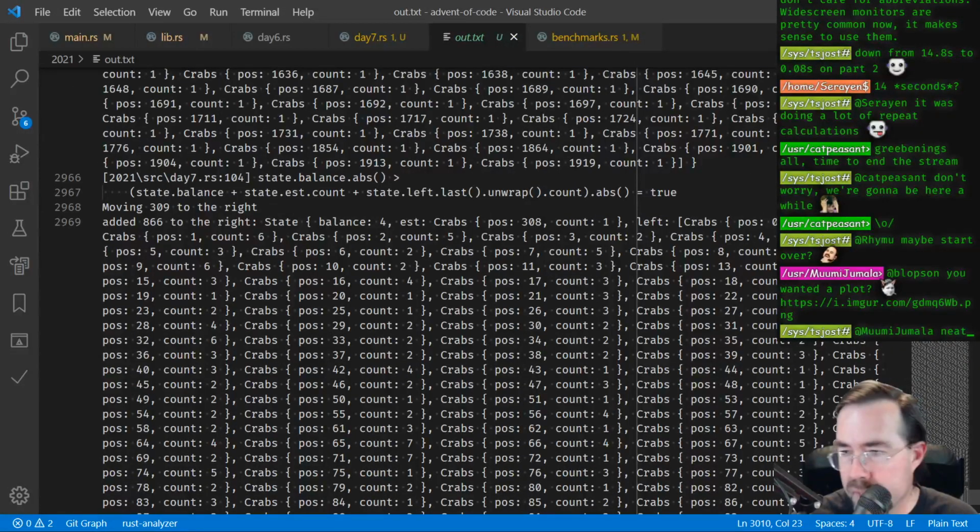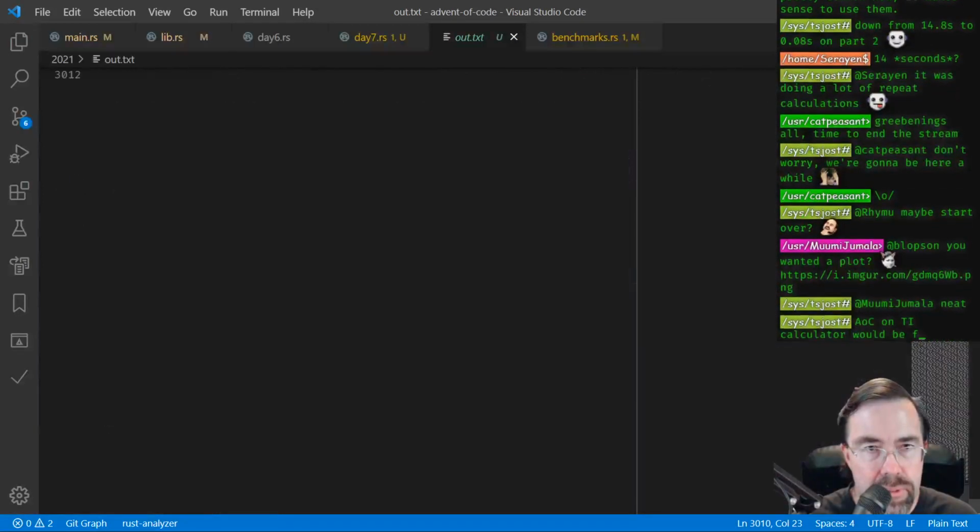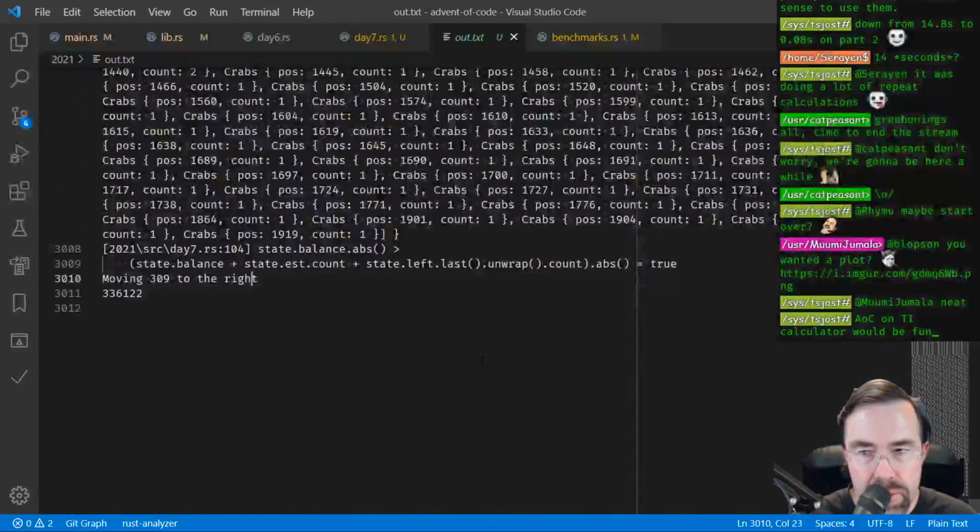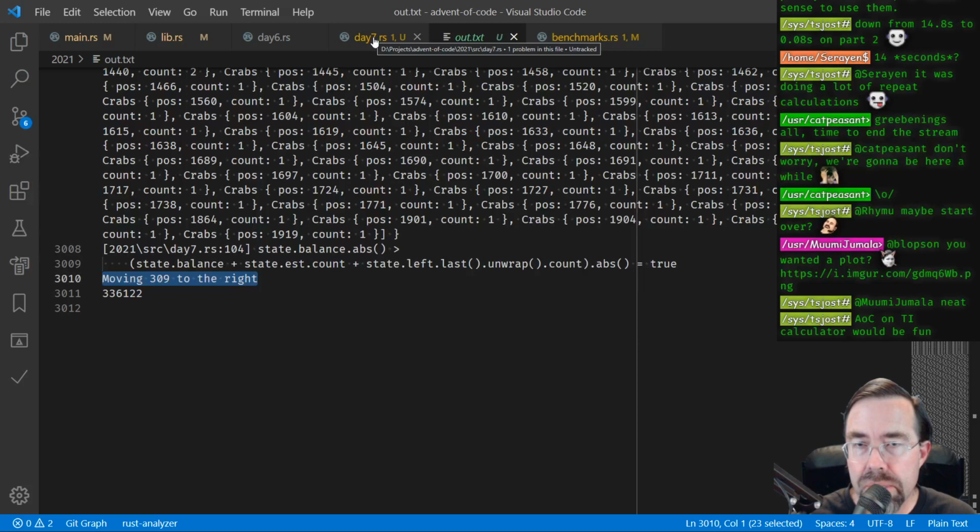End up with a balance. Is that the last line? It ends up with a balance of 4. No, it ends up with something to the right. I think actually I should print at the very end.